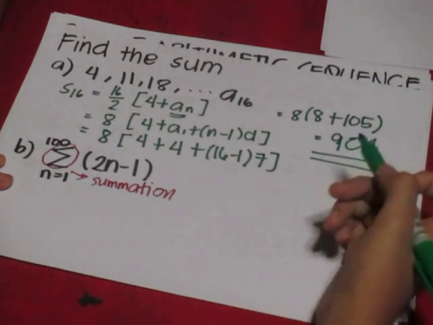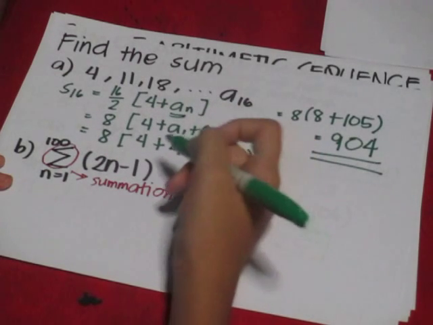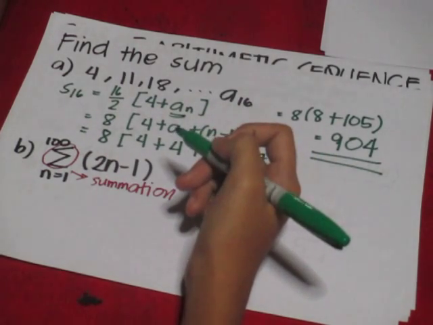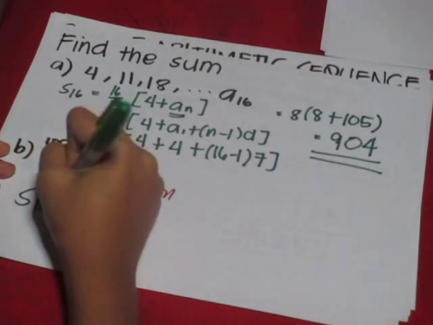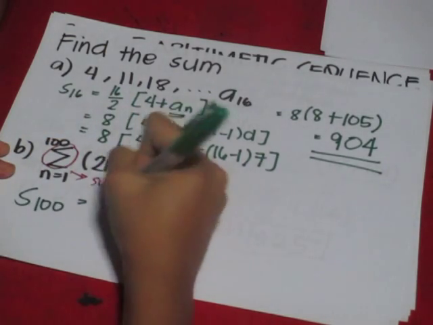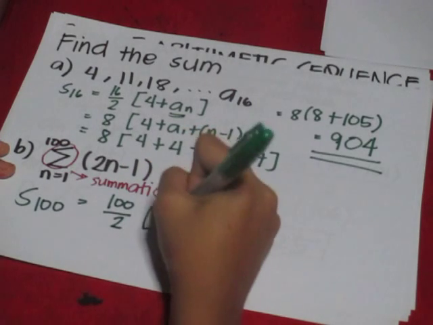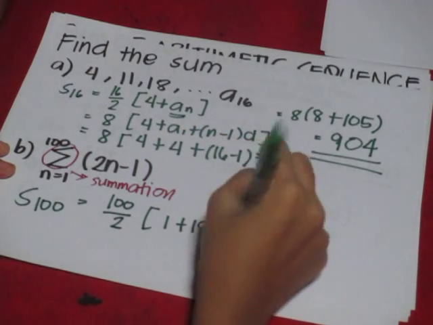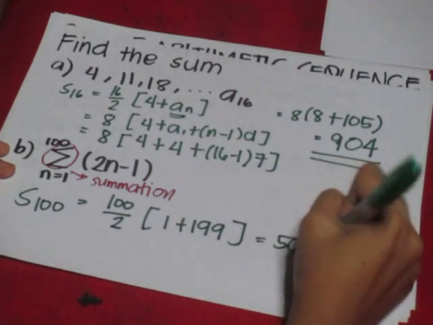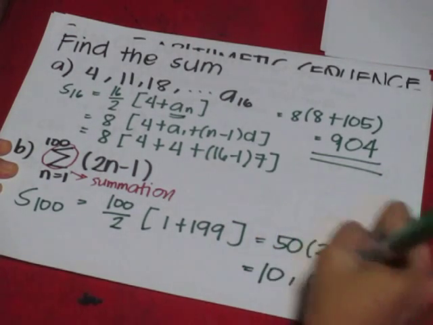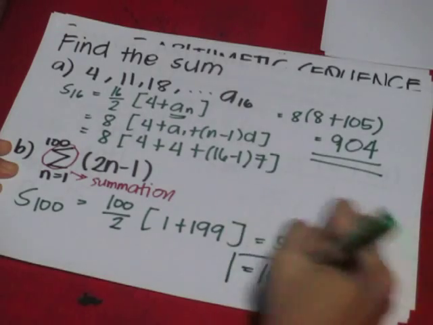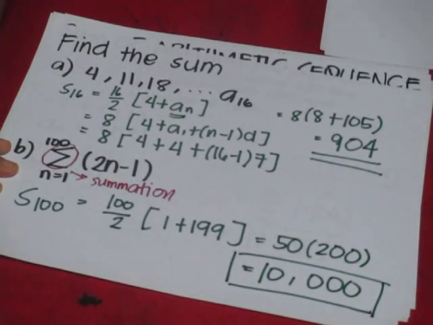So we're going to find the sum of this equation. So that's s sub 100 is equal to 100 over 2 times 1 plus 199, is equal to 50 times 200, is equal to 10,000. So that's the sum.